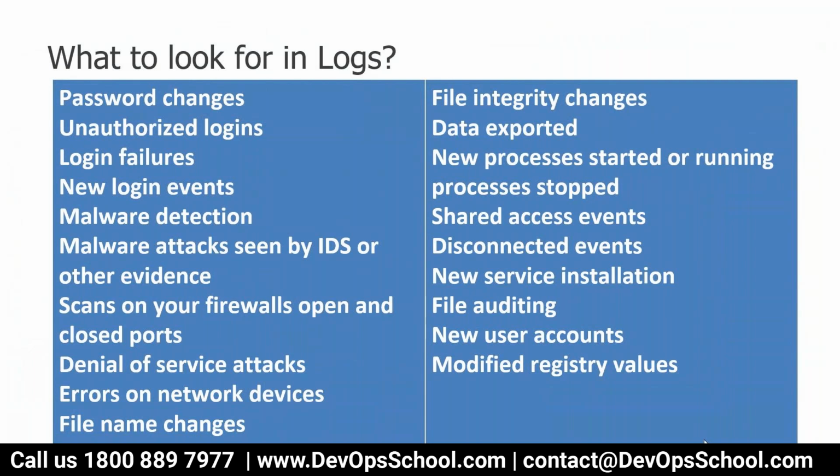You want to know how many people have changed their password, how many people have unauthorized login failures, new login events, malware detections, firewall scans, closed and open ports, DDoS attacks, errors on network devices, file name changes, integrity checks, data exported from the database or not, new processes started or running, processes stopped, shared access events, and many more.